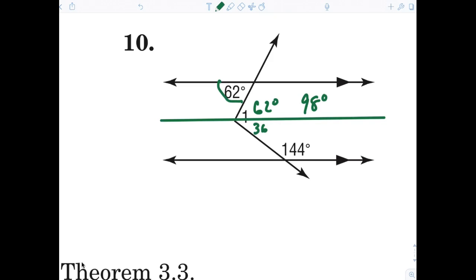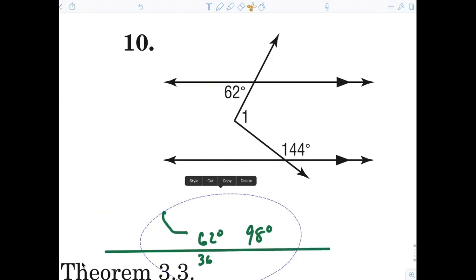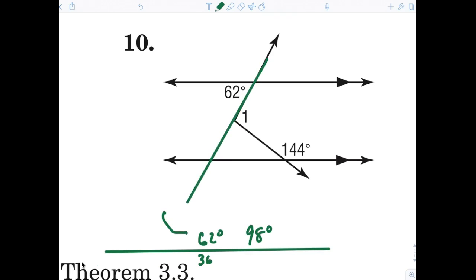Okay, so now let's just get rid of this out of the way. So now let's say we draw this from here to here, right? So this would still be now 62, and then this would be 36. And eventually you know that the exterior is the sum of the interior. Just to save me some time, that's 98.